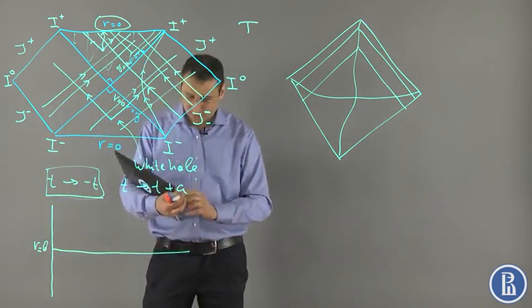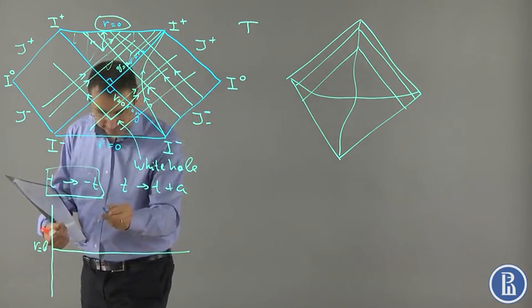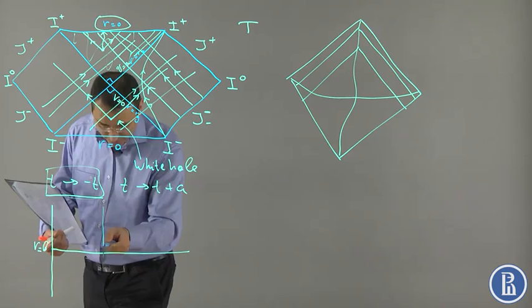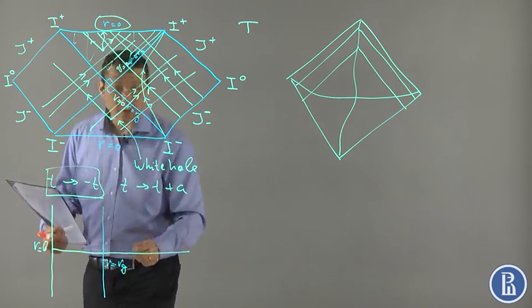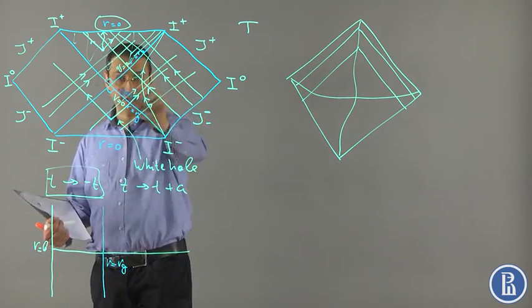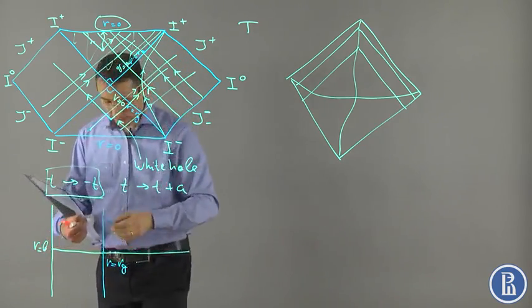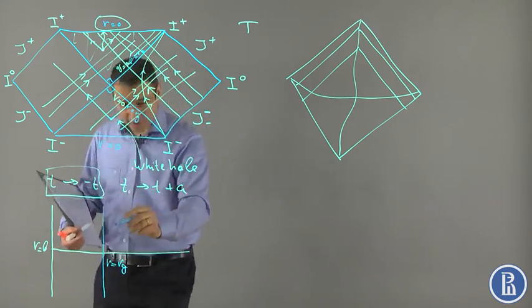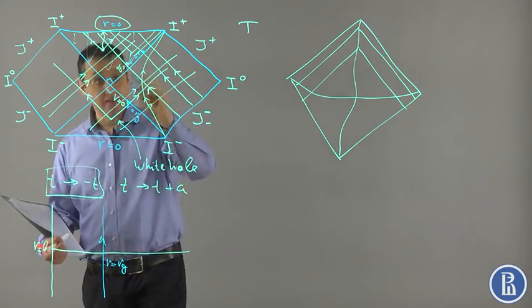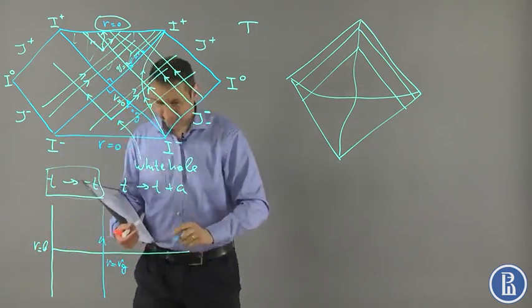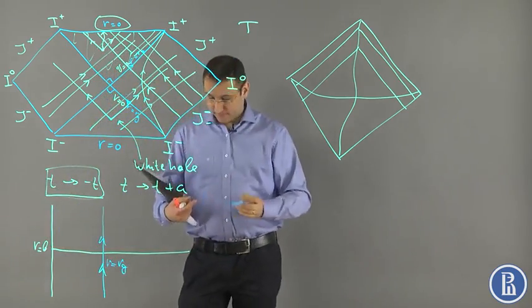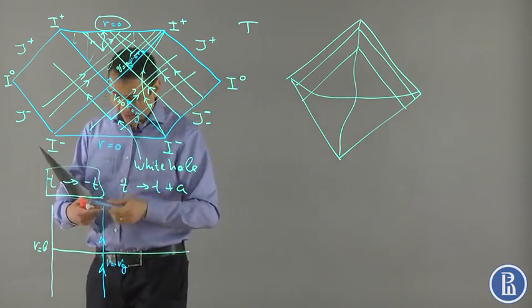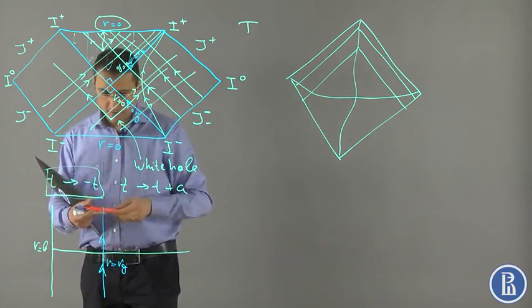We had the horizon, which is r equals r_g, so it's similar to this situation. It is one of the light rays, similar to these guys. These are light rays, also light-like surfaces. And now ingoing light rays, if you remember, were like this.